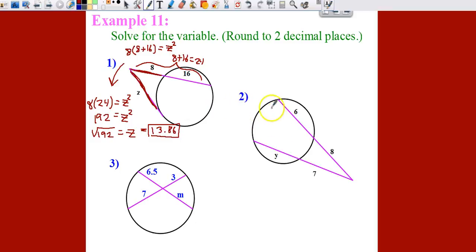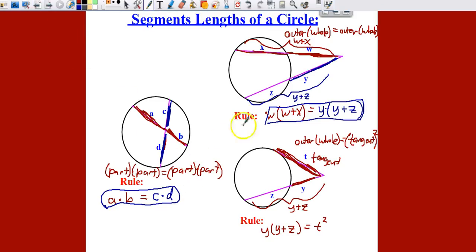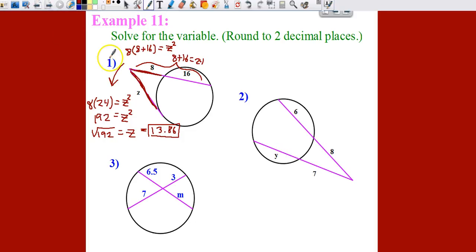Question number 2, we have two secants meeting on the outside here. So if you look at the formulas, that's going to mostly align with the outer whole one. So let's see if we can fit that into the formula. I'll start with the one up here. The outer is 8, and the whole is going to be 8 plus 6.